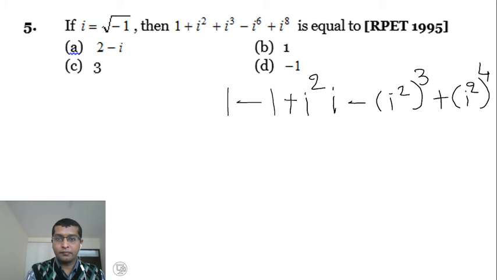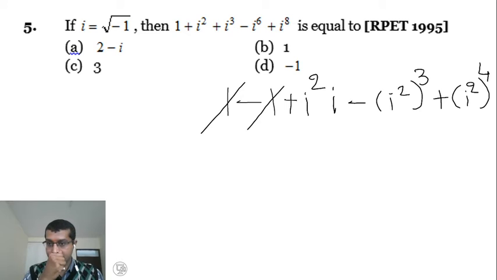So plus 1 minus 1 cancels, so we get i square is minus 1, minus 1 into i minus i it is, and i square is minus 1, this is outside minus, i square is minus 1, minus 1 raised to 3, an odd number, so it is minus 1, minus into minus is plus 1.